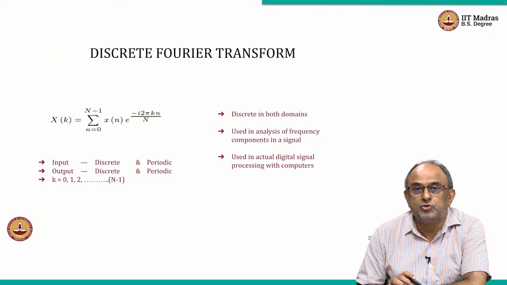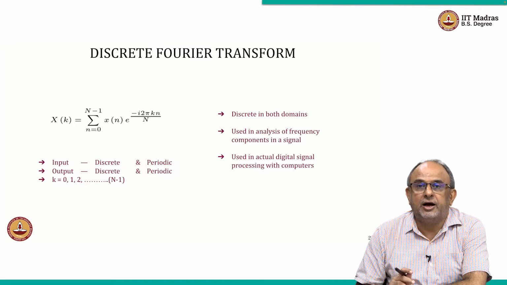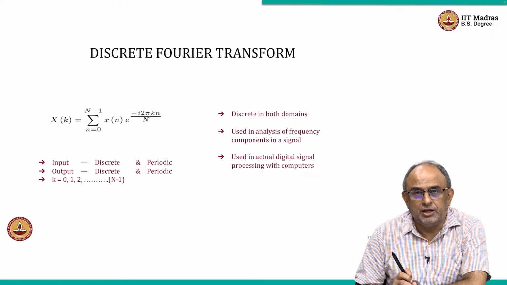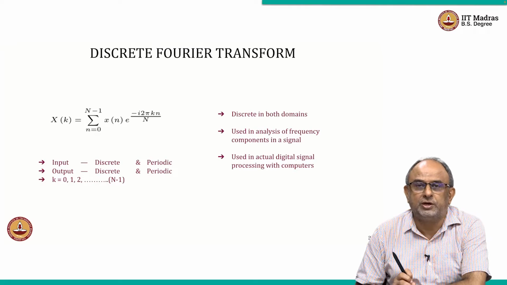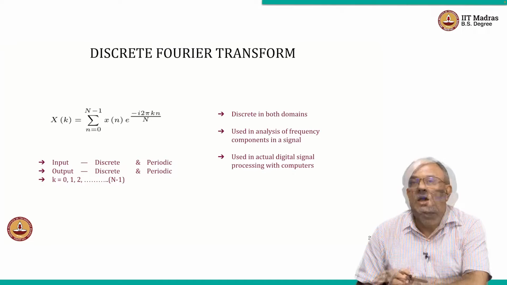So, this is the most commonly used transform, which is called the DFT, and there is a special algorithm, a special way in which we can do it very fast, and that is called the fast Fourier transform algorithm, or the FFT algorithm. There are many variations. There is the Cooley-Tukey, the Sande-Tukey, and so many other things. Decimation in time and decimation in frequency.